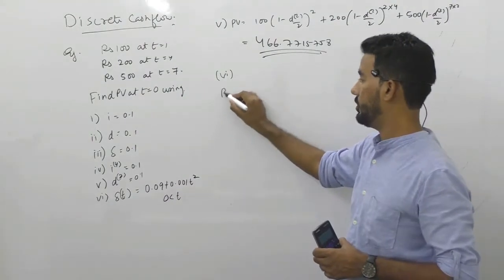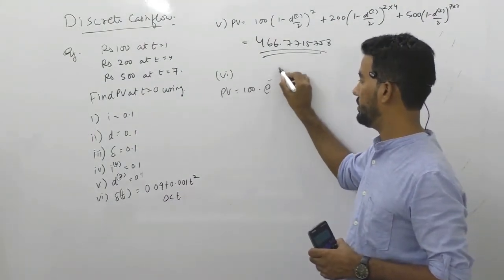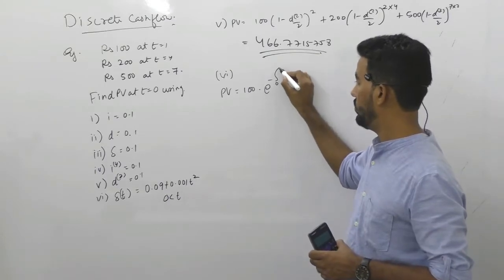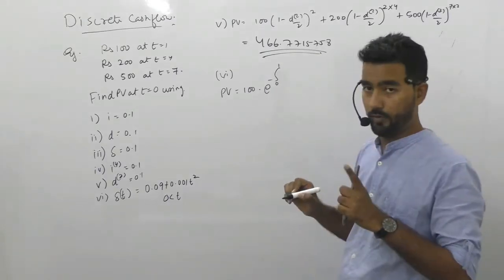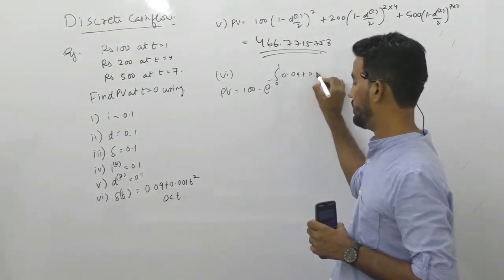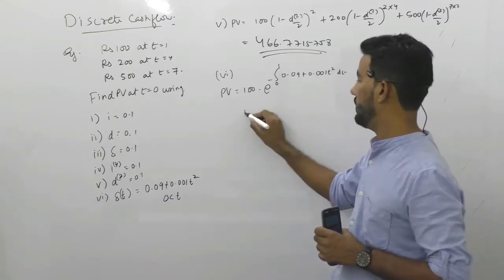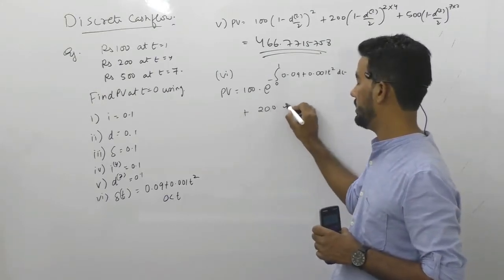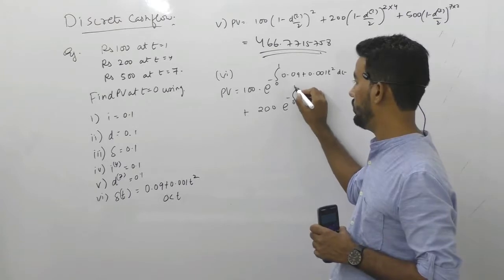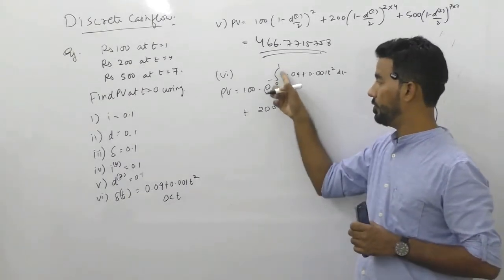So your present value should be 100 into e raised to minus integral 0 to 1 of 0.09 plus 0.001 t square dt, because I have to discount for 1 year only, plus 200 e raised to minus integral 0 to 4, because I have to discount for 4 years. 0 to 1 denotes discounting from time 1 to time 0.